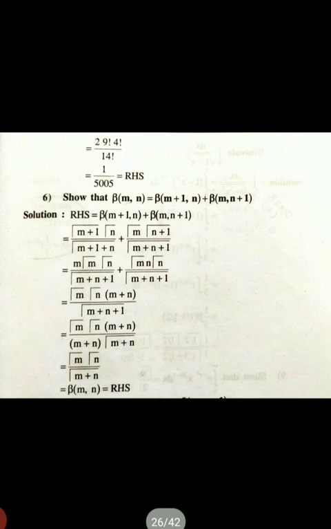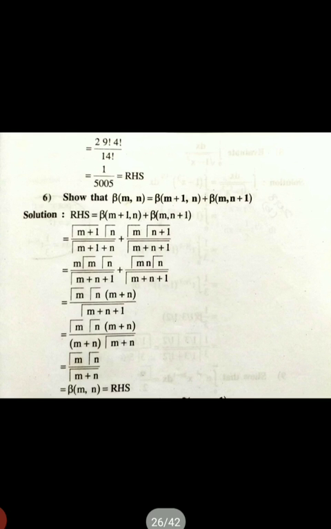Okay, see here, taking the LCM, and the LCM is gamma m plus n plus 1. In both terms, the common term is what? Gamma m into gamma n. Take it outside. Okay, the remaining part is what? M plus n. See here, the numerator is as it is, that is gamma m into gamma n in bracket m plus n, divided by, see here, once again I am applying the standard recurrence formula of gamma function, that is gamma m plus n plus 1.